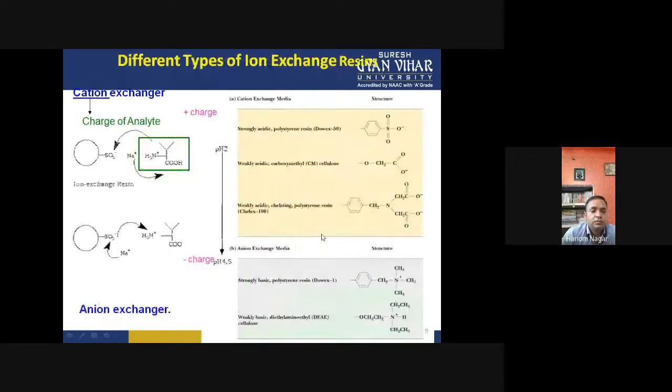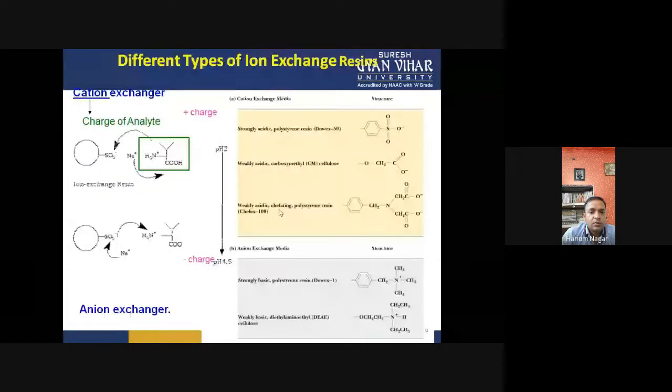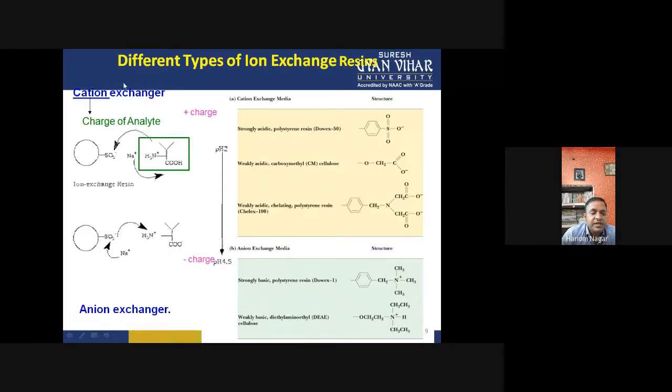Now, different types of ion exchange resins: cation exchange resins and anion exchange resins are there. This is the cation exchange resin, meaning here there is exchange of the cations from the sample and the counter ion on the exchange bed. This ion exchange resin contains SO3 minus and Na plus ions, and this is the analyte molecule.